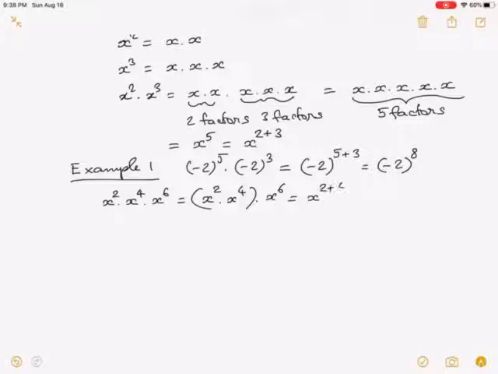So x to the power 2 times x to the power 4 is x to the power 2 plus 4, times x to the power 6. So it is x to the power 6 times x to the power 6. Therefore, it is x to the power 6 plus 6, or x to the power 12.